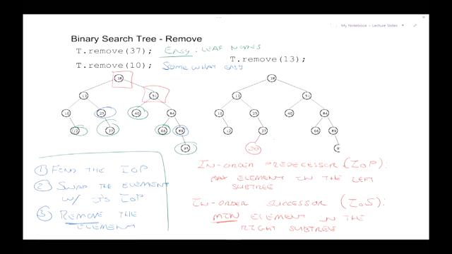Now I want to remove 38 again. What's the IOP of 38? 37. Okay, so 38, we swap this. This is now 37 up here. This is now 38. Oh, can we just wipe this out? No. Okay. We got to now remove this node.